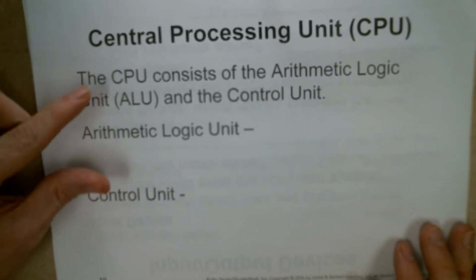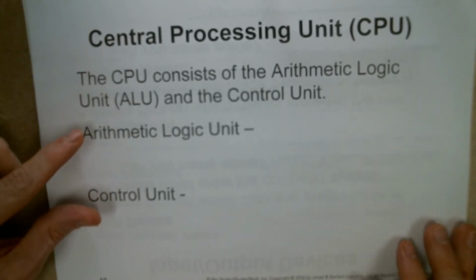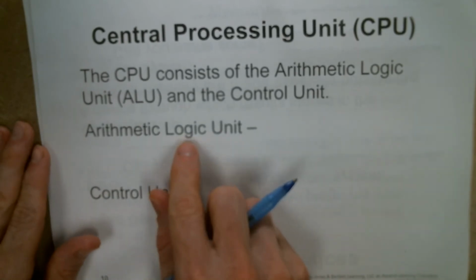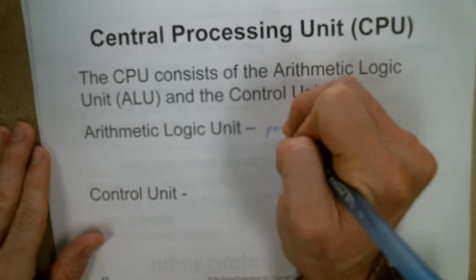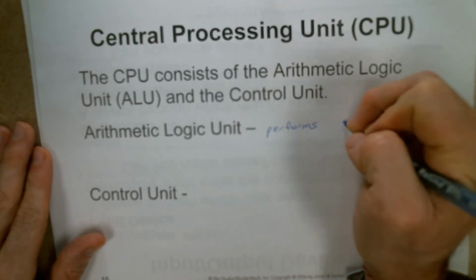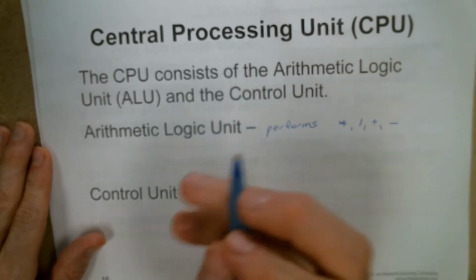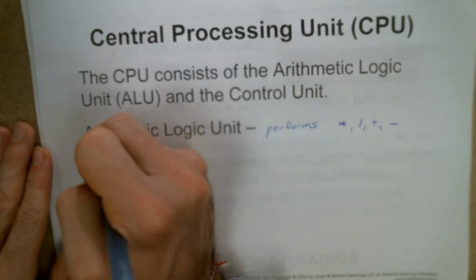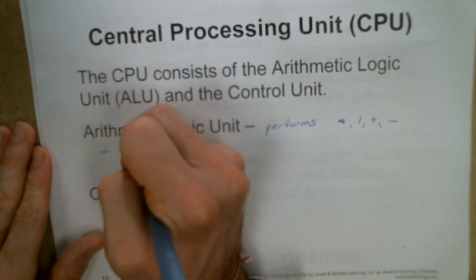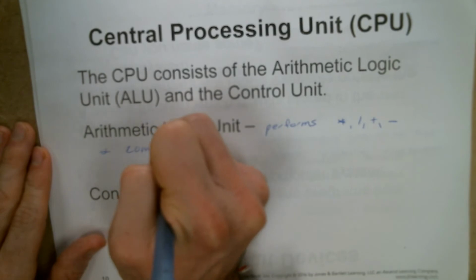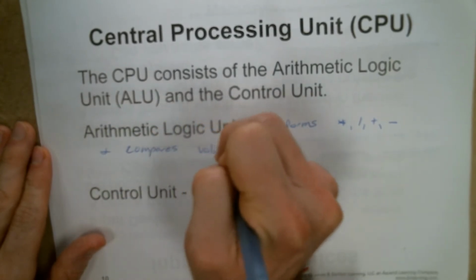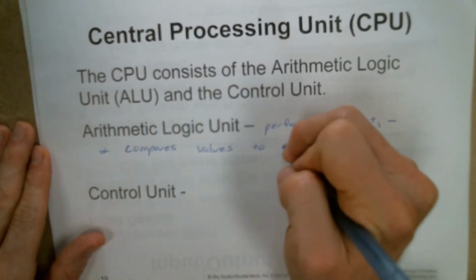This is broken down into those two pieces that I already briefly mentioned. But the arithmetic logic unit, just to reiterate, performs multiplication, division, addition, subtraction, and compares values to one another.